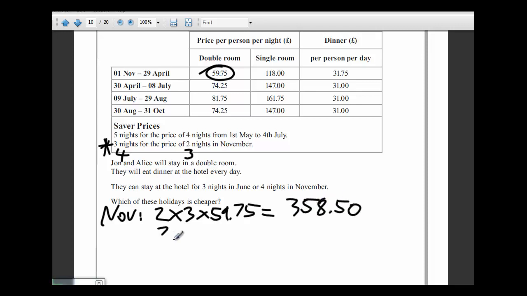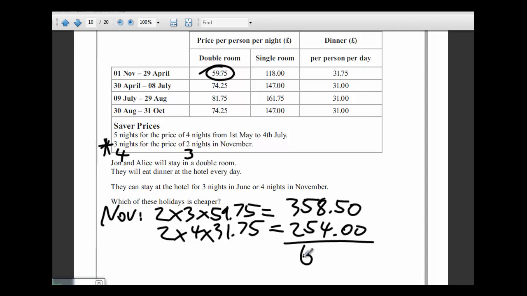And we have 2 people eating for 4 days at £31.75, which is £254. So in total, this comes to £612.50. Therefore, it's cheaper to go in November.